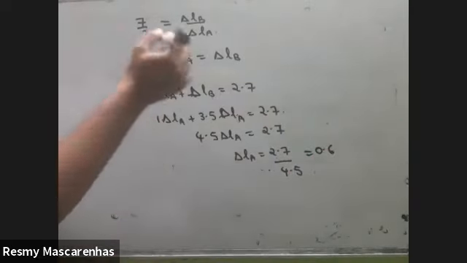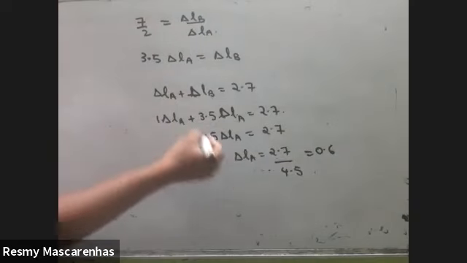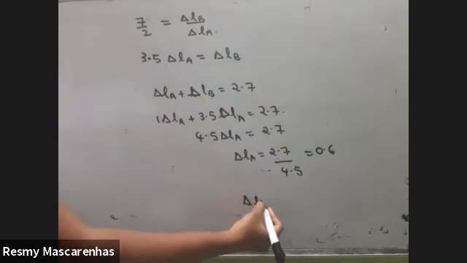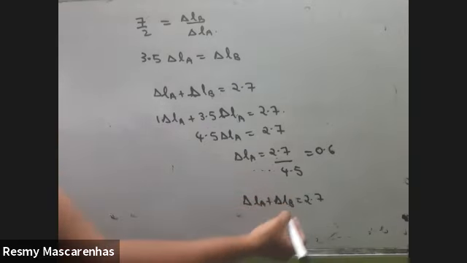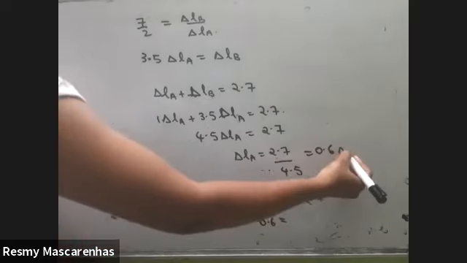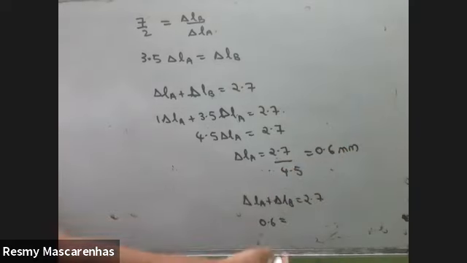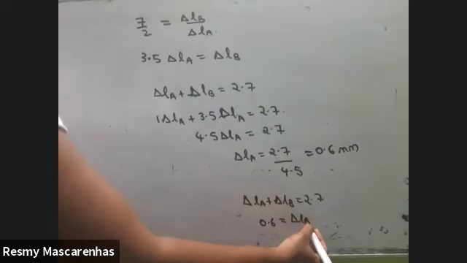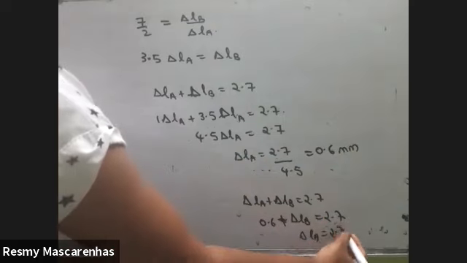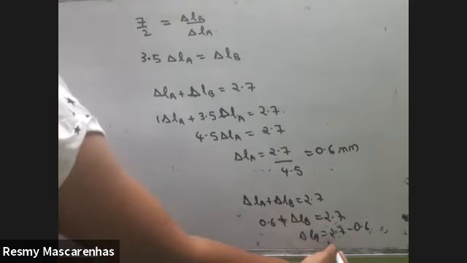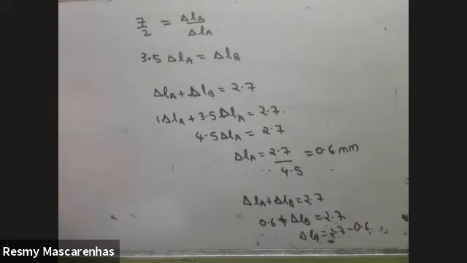You got your delta L_A, you can find the other part. So delta L_A plus delta L_B is equal to 2.7. So this value is 0.6 mm, because I have not converted. So delta L_B will be 2.7 minus 0.6. So just subtract it.